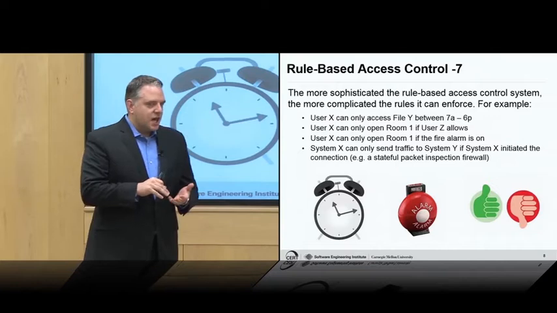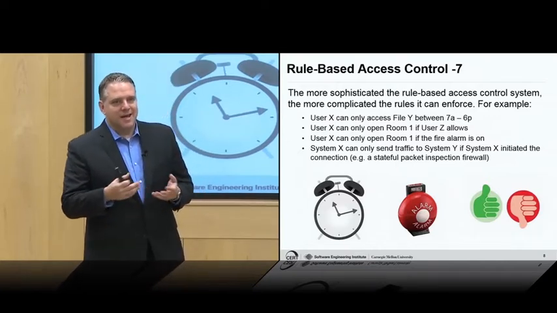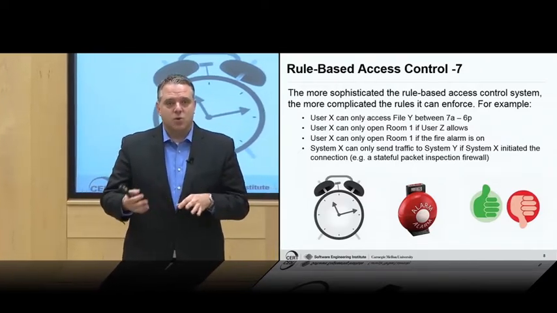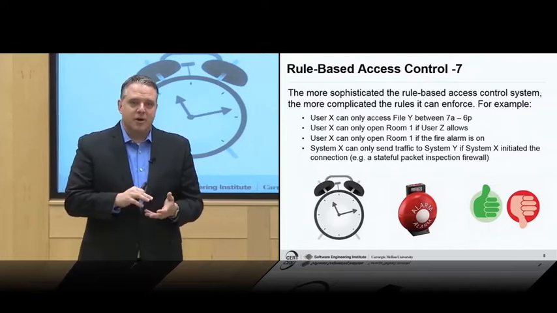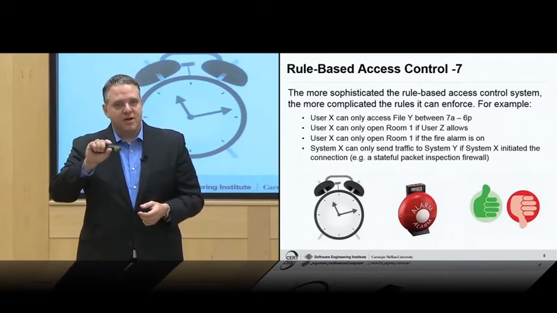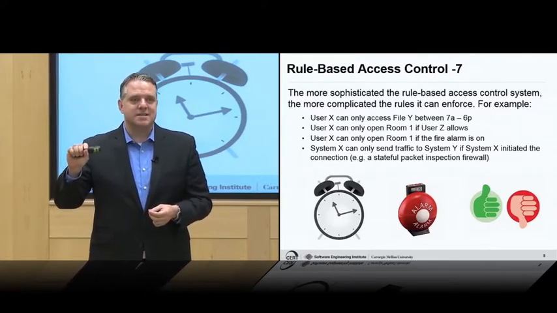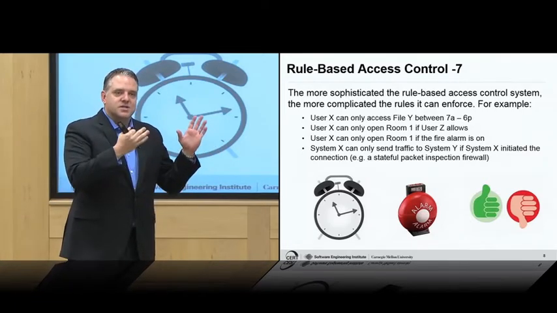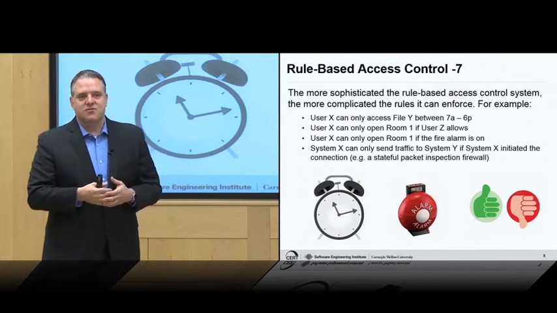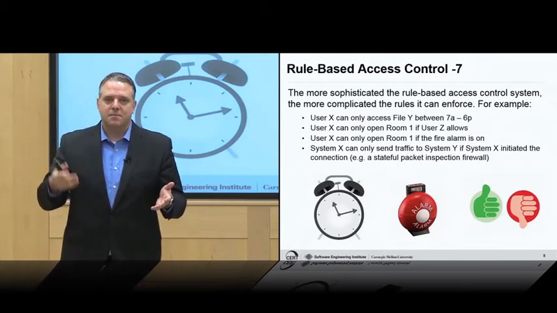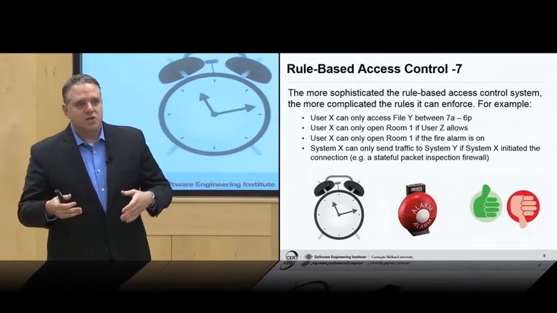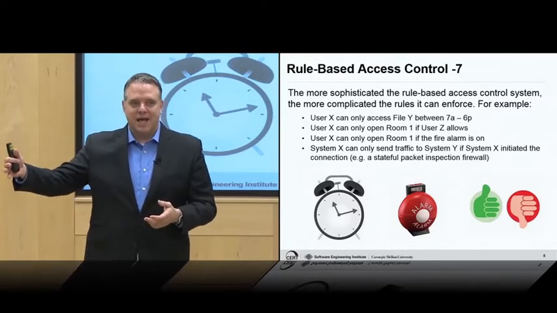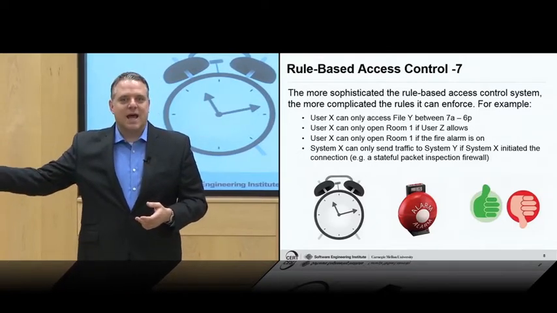The more sophisticated a rule-based approach gets, the more complicated rules it can enforce. And this can be very powerful because you can set very granular rules on what is and is not allowed to happen. So for example here, we say that user X can only access file Y between 7 a.m. and 6 p.m. User X can only get into the room if user Z allows them in.